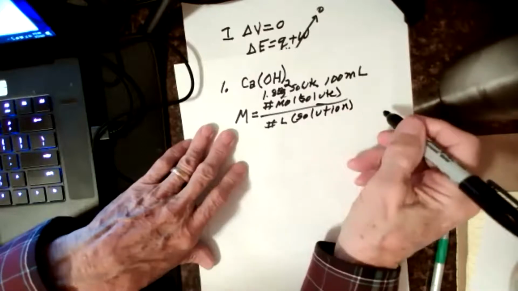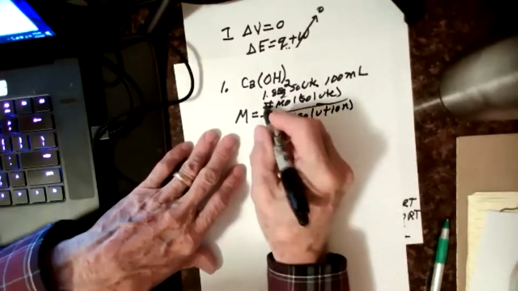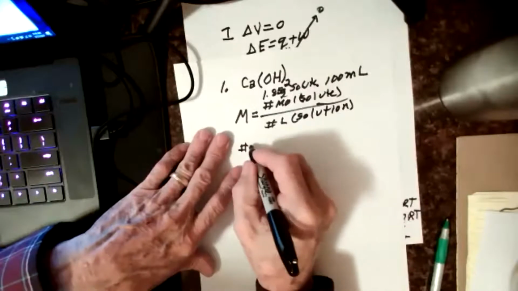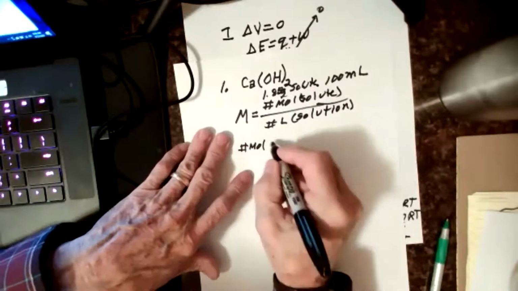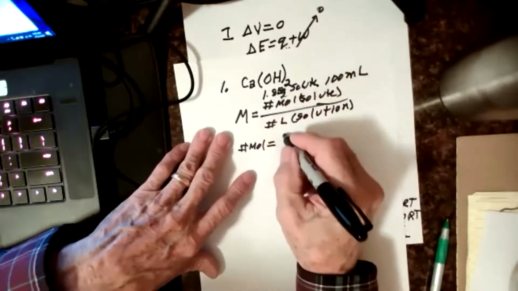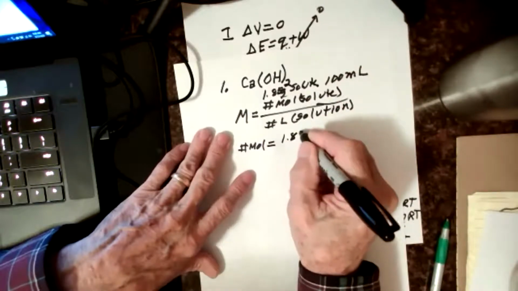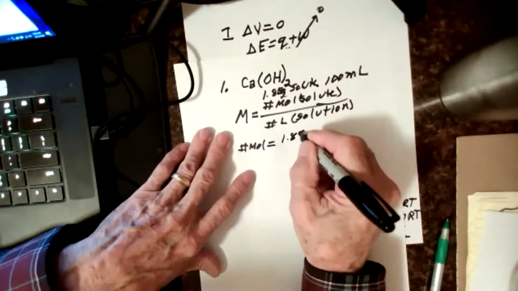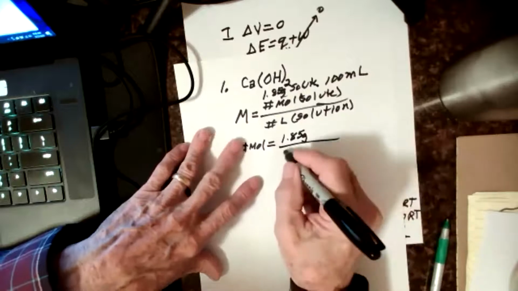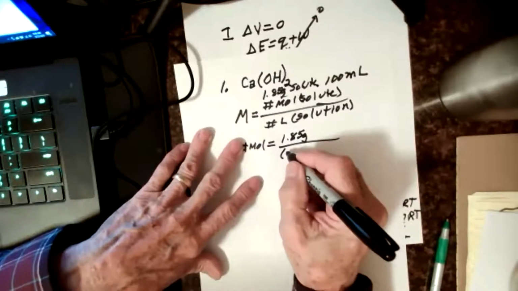Okay, now, number of moles, we've got to get that. So the number of moles is going to be equal to the mass, 1.85 grams, divided by the molar mass. Calcium is 40.